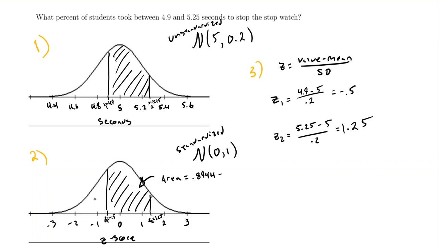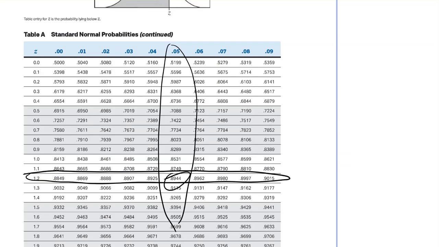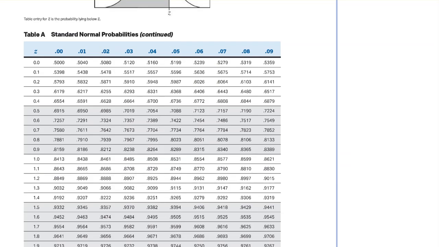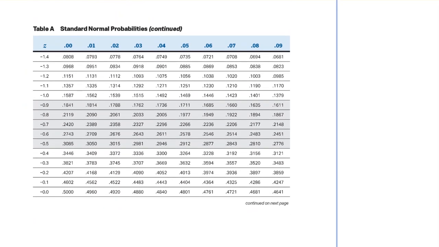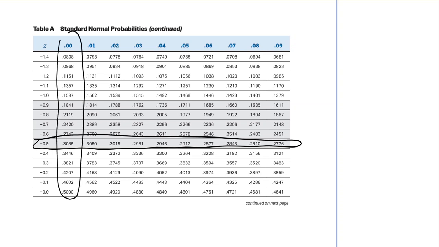Now, we don't want the area to the left of the z-score at negative 0.5, so that's what we're going to subtract off. So we go back to our table, and we say, okay, we're done with this z-score. We're going to our negative side, and we want our z-score of negative 0.5. So I'm going to the negative 0.5 row and the 0.00 column.